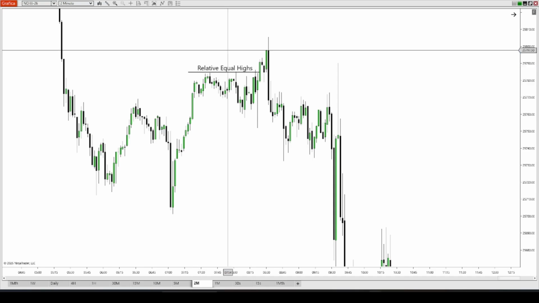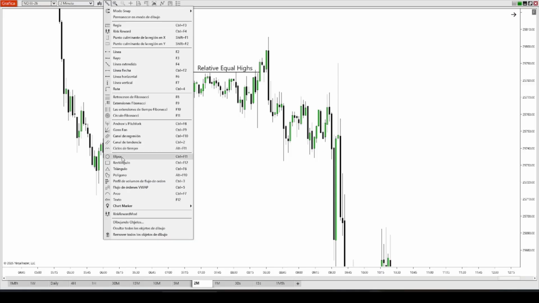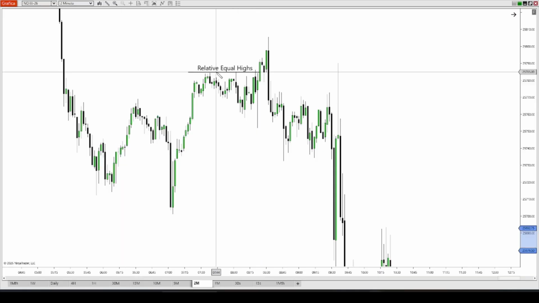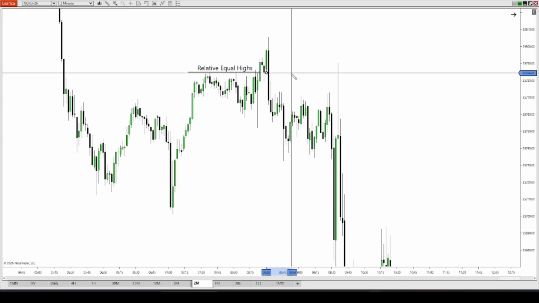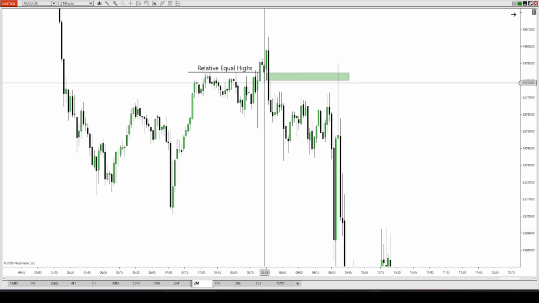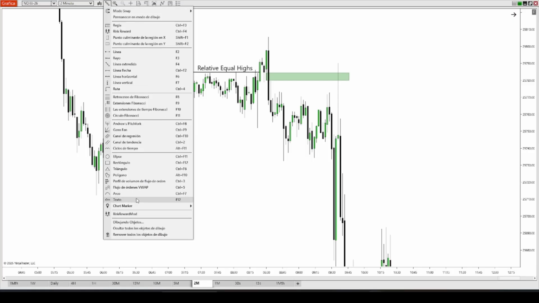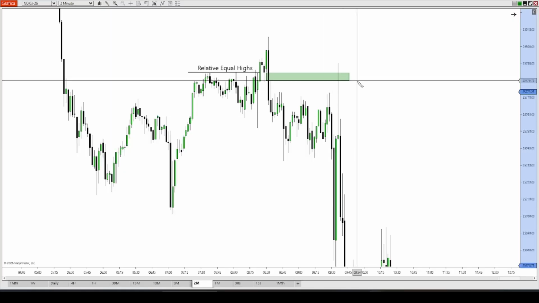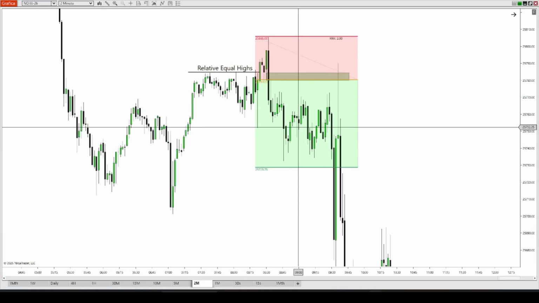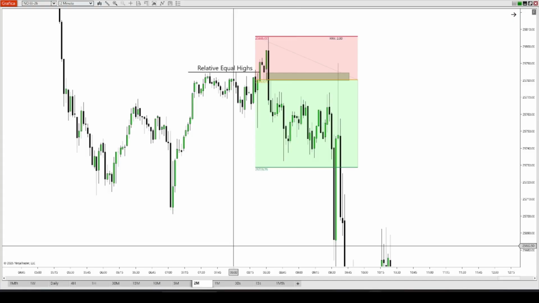And what's resting above relative equal highs? Buy-side liquidity. So price took buy-side liquidity and made a 2022 model. There's your CB, so that trade was entering short and placing your stop loss above the model.